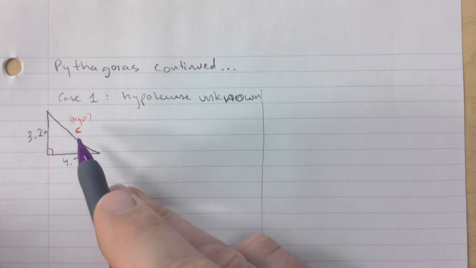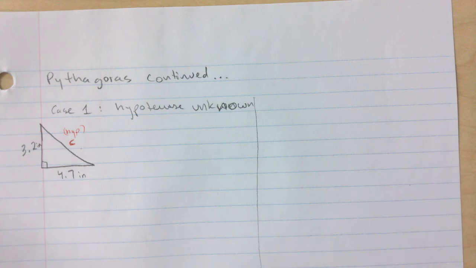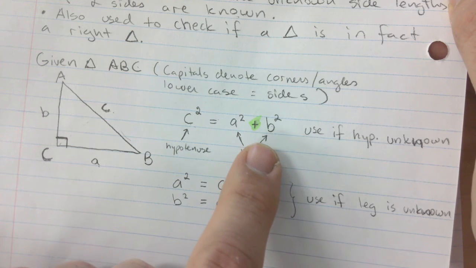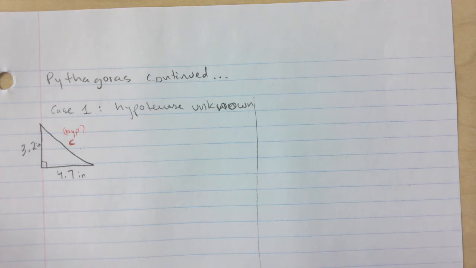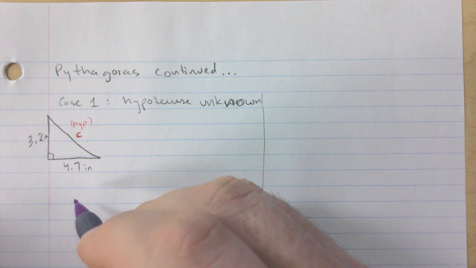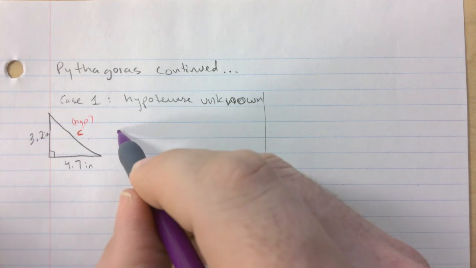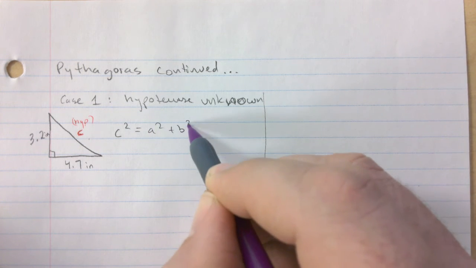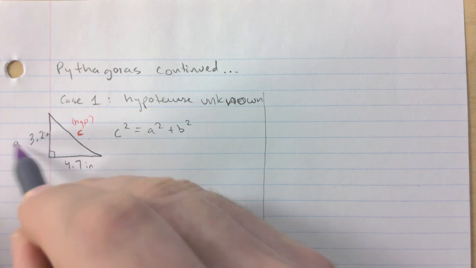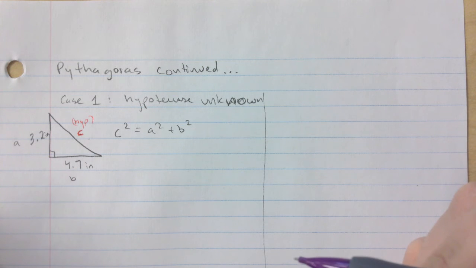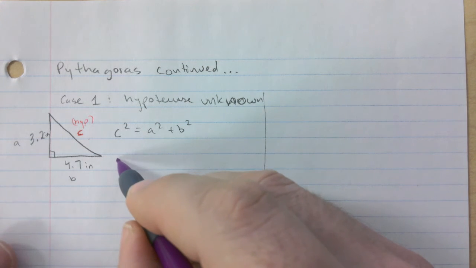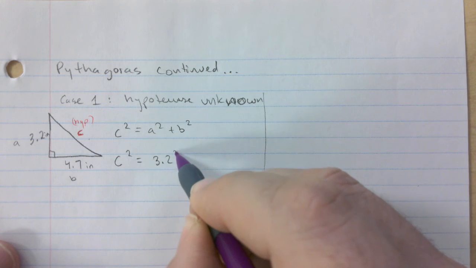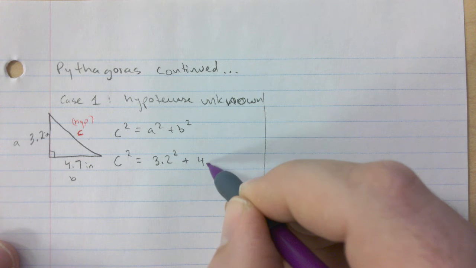And knowing that, I'm missing my hypotenuse, so I'm going to use this format of it, right? This one right here, where I'm going to have to add the legs together. So what you do here is you go c squared is equal to a squared plus b squared. Which one is a, which one is b? It doesn't matter. Let's just call it a and b like that. So c squared is going to be equal to 3.2 squared plus 4.7 squared.